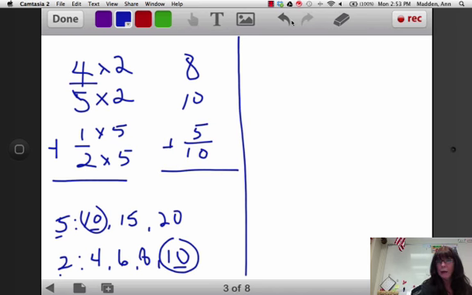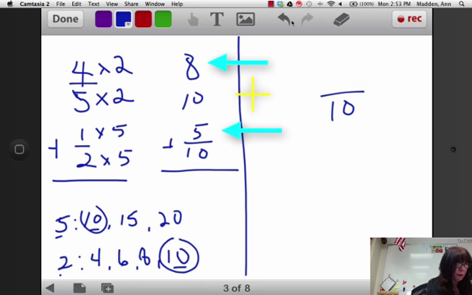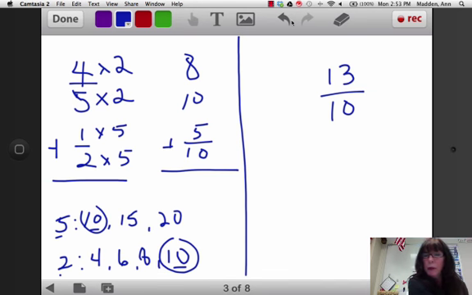Adding the new renamed fractions now, your answer would be, what's 8 plus 5? 13. What's wrong with that fraction? It's an improper fraction.